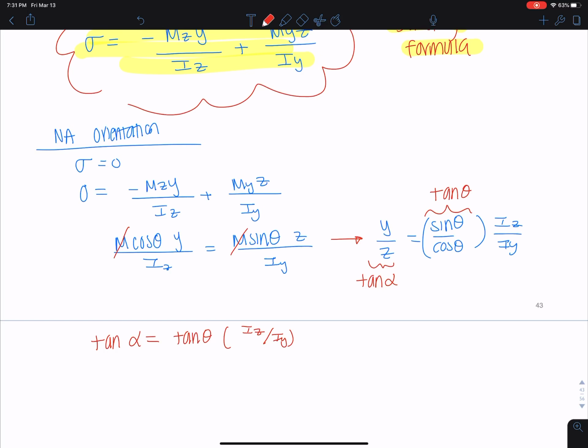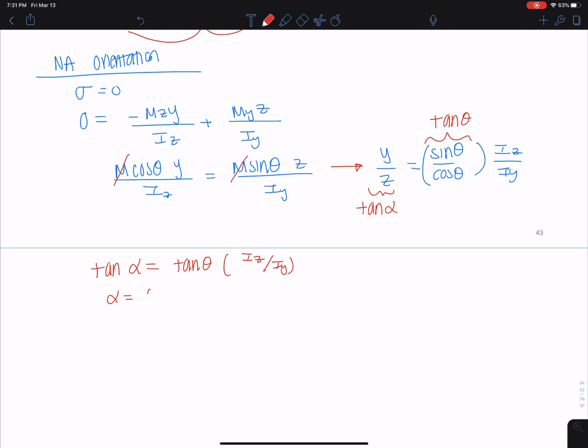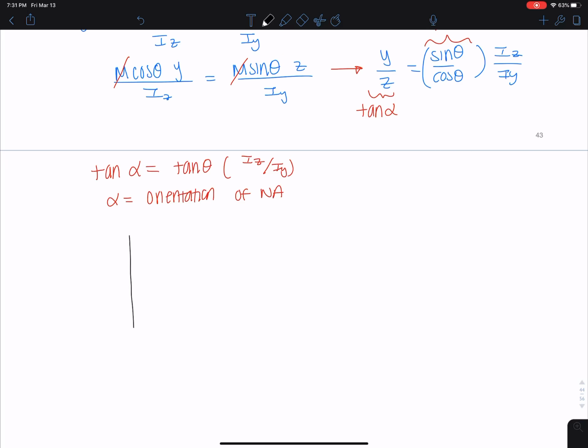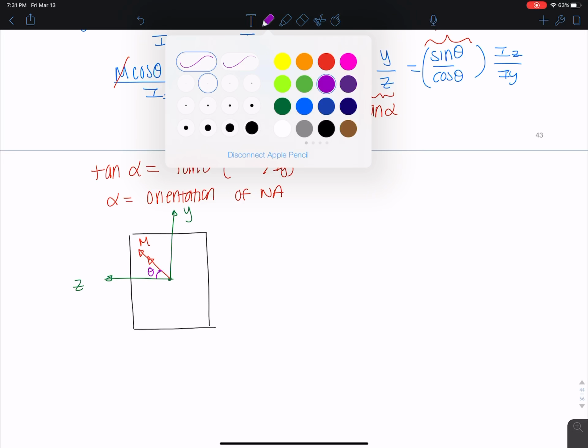It's a function of those moments of inertia. And alpha is equal to the orientation of my neutral axis. So let me draw that for you. This is my M. And some theta would be this here. And my alpha, where is my alpha? I'll do pink.